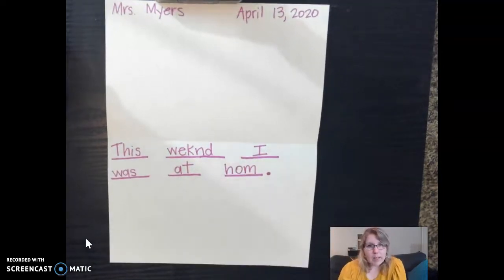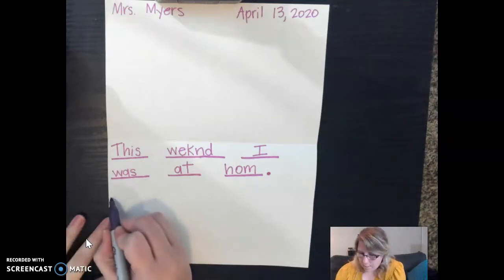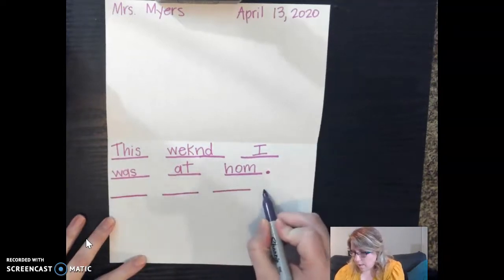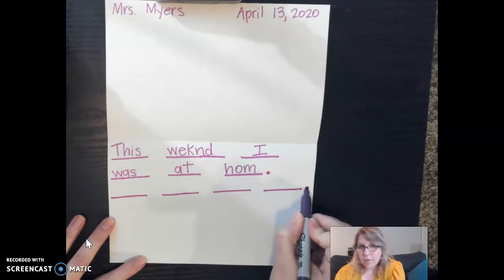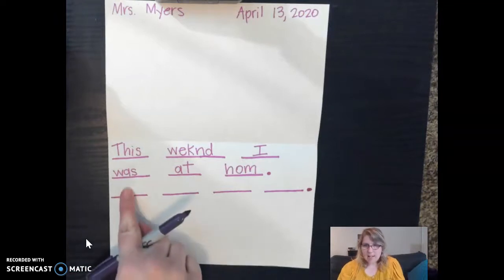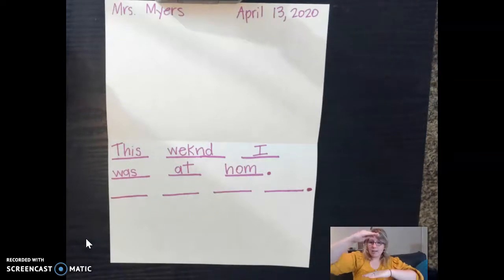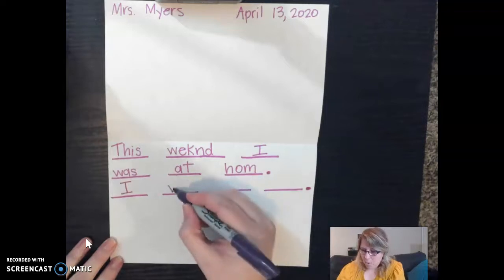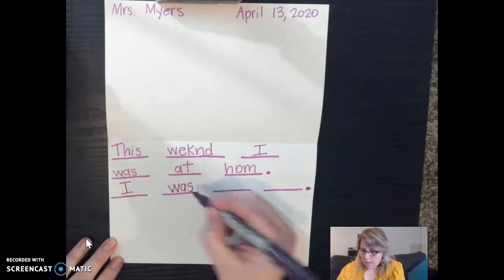And I spent the weekend with my husband, James. I was with James. That's 4 words, so I'm going to draw 4 lines. I was with James. Don't forget that period, end of sentence. Now let's start with the first word, I. Beginning of a sentence, in the pronoun I, we always capitalize. I was.